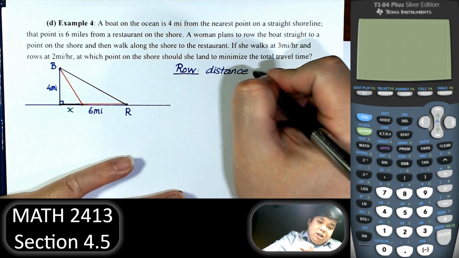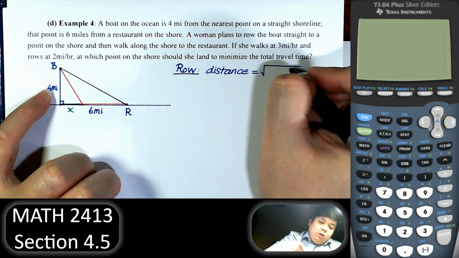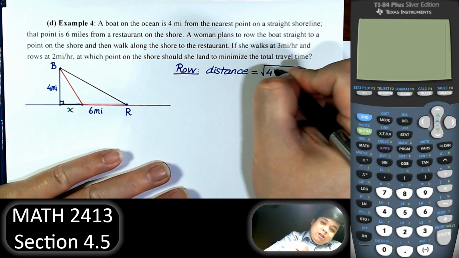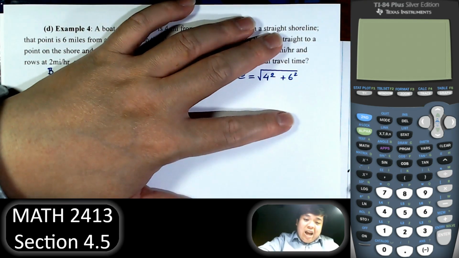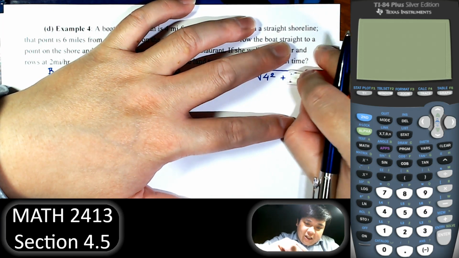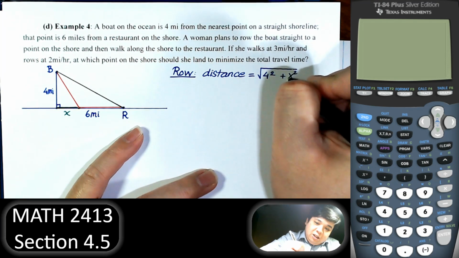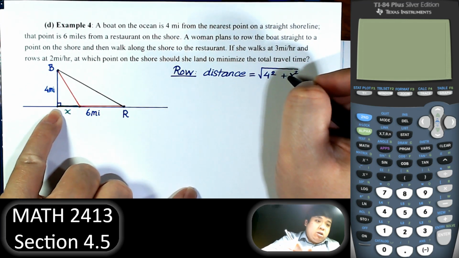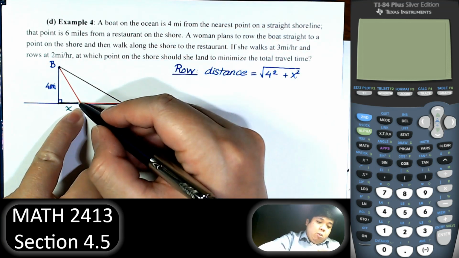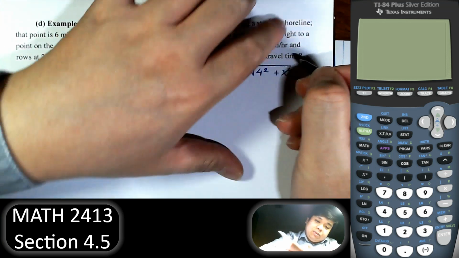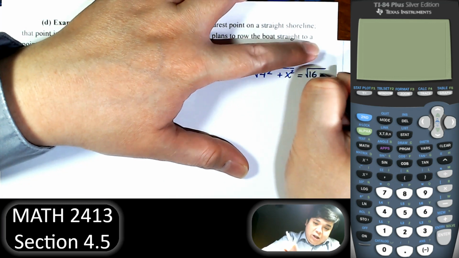So by the Pythagorean theorem, the distance is going to be equal to the square root of 4 squared plus 6 squared, or 4 squared plus x squared, I'm sorry, where x is the distance from that point closest to the boat to the point that she needs to land. So that gives us the square root of 16 plus x squared.